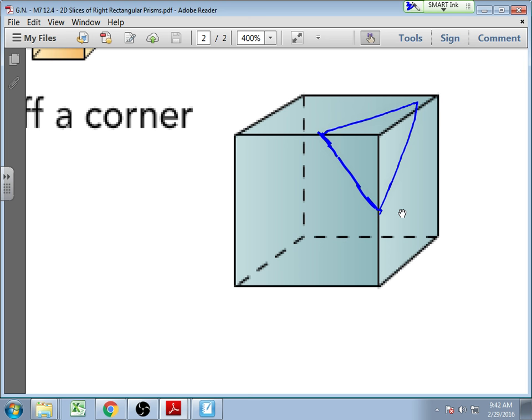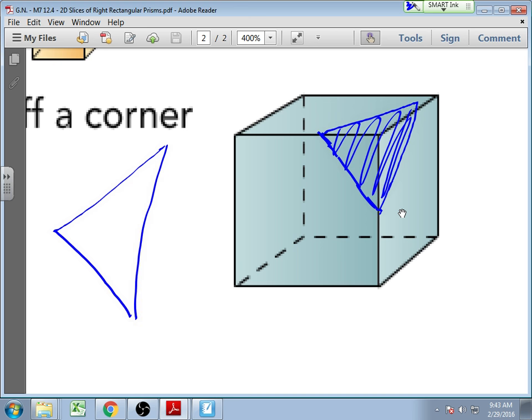But think about the two-dimensional section at the cut. So if I connected these points and looked at what is left once I cut that section off, what's the 2D shape that we made? A triangle. So the two-dimensional shape that we actually pull off of here is a triangle.